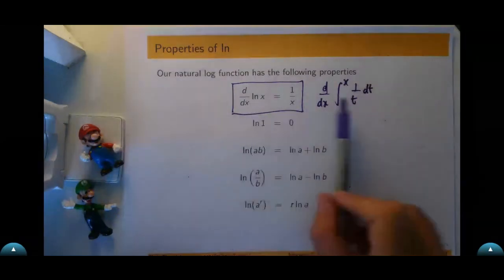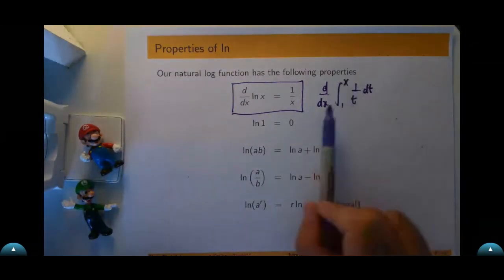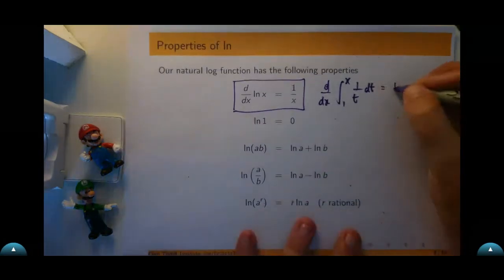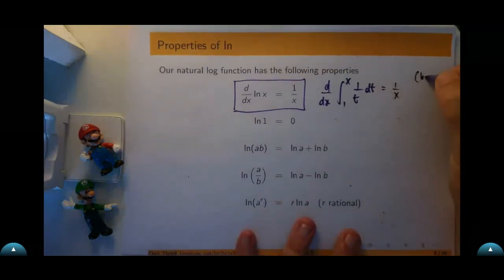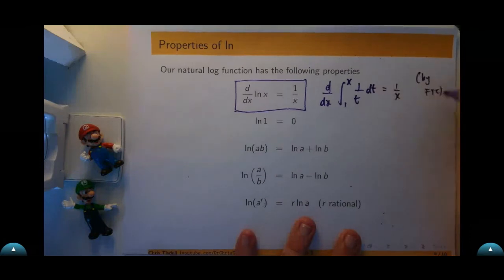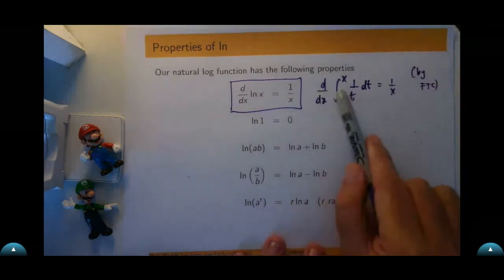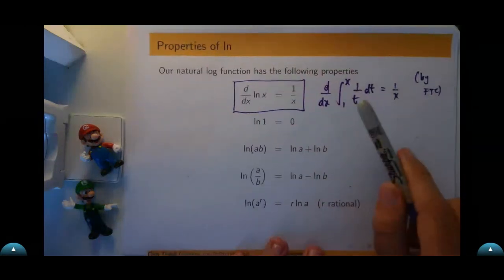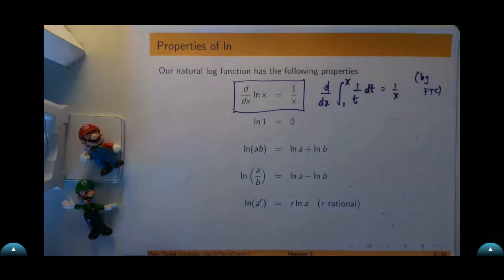Okay, so that's my logarithm function. If I want to differentiate an integral, the fundamental theorem of calculus says that the derivative and the integral sign disappear, and you substitute this variable in here. Okay, so there it is.